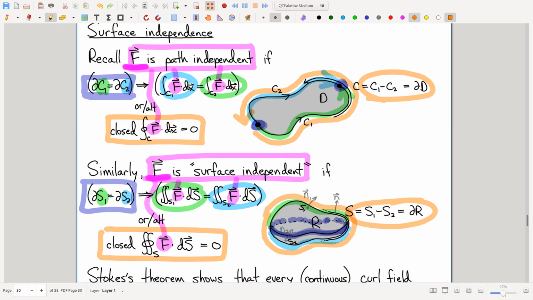Yeah? Why is the normal vector in S2 oriented upward? Yeah, so, this is a delicate point here. Notice over here, I'm saying that S1 and S2 have to have the same boundary. Okay. But remember that boundary is an oriented thing.